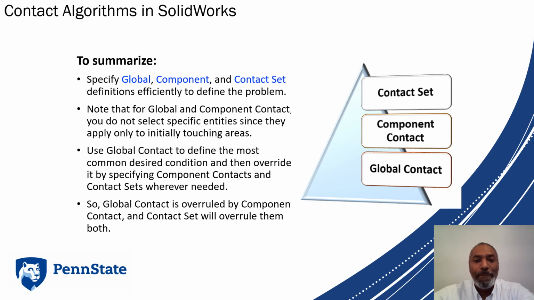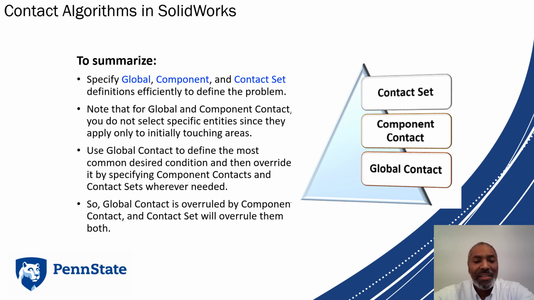All right, to summarize, you can specify global, component, and contact sets to efficiently define the problem. For global and component contact, you don't really have to select specific entities since they apply to initially touching areas. It will do that for you. Once you select the whole part, it narrows it down to what surfaces are important.